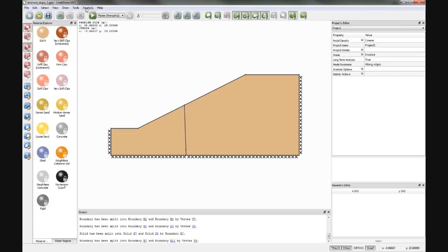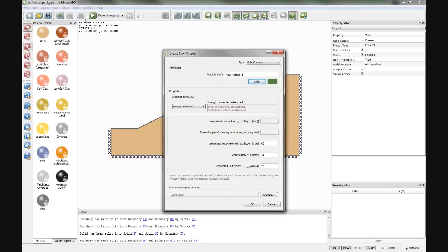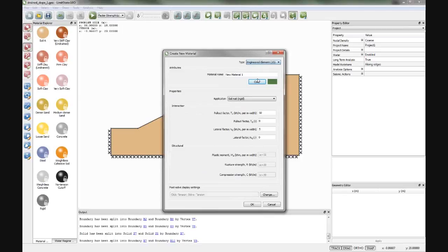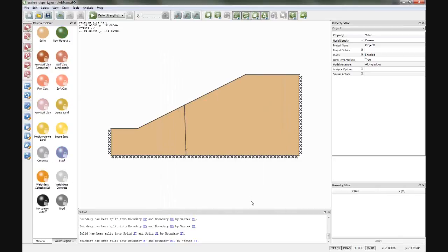So in the software we have, if I create a new material, we have what's called an engineered element, which is something that we can use to model sheet pile walls or soil nails or geotextiles. So I'm going to pick a rigid sheet pile wall, which is fairly basic. All the properties are set by default. So I just click OK.